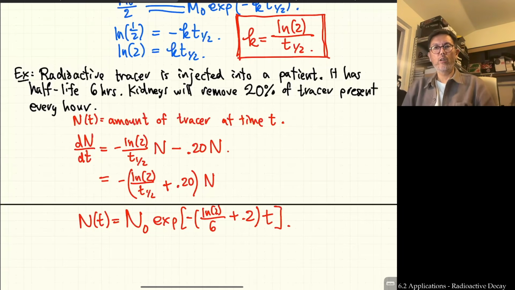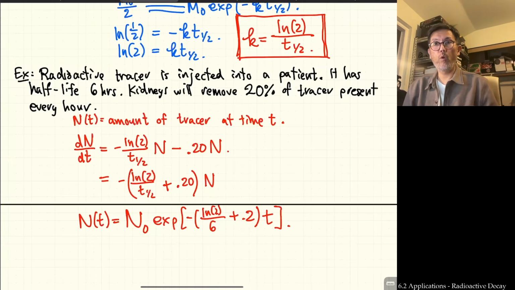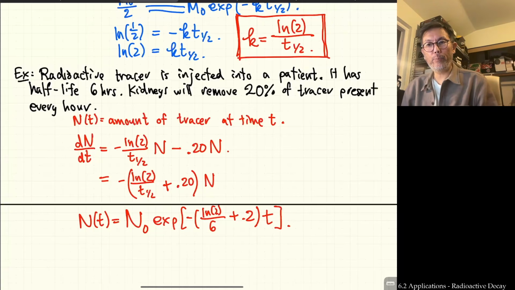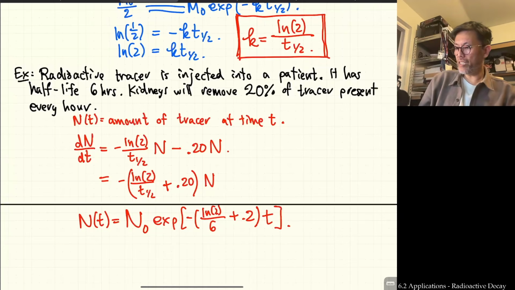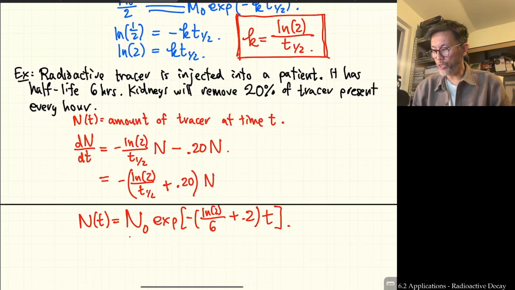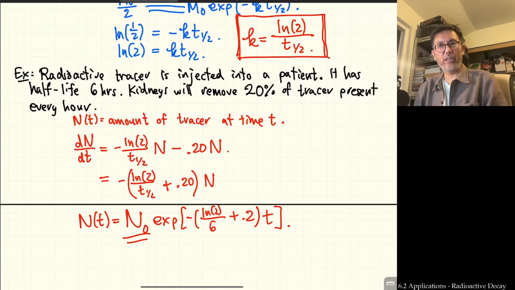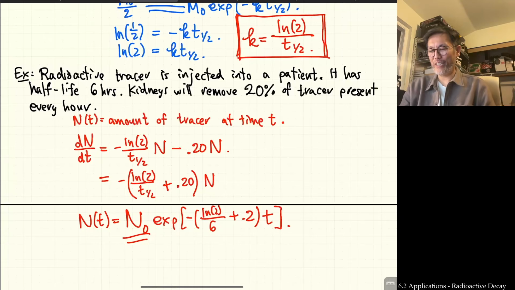Okay. So in particular, we could figure out how much of this radioactive tracer will be present in the body after, let's say, 3 hours. We simply plug in t equal to 3 into this expression here. Hopefully we know how much of the radioactive tracer we're putting into the patient in the first place, so we know what N naught is.